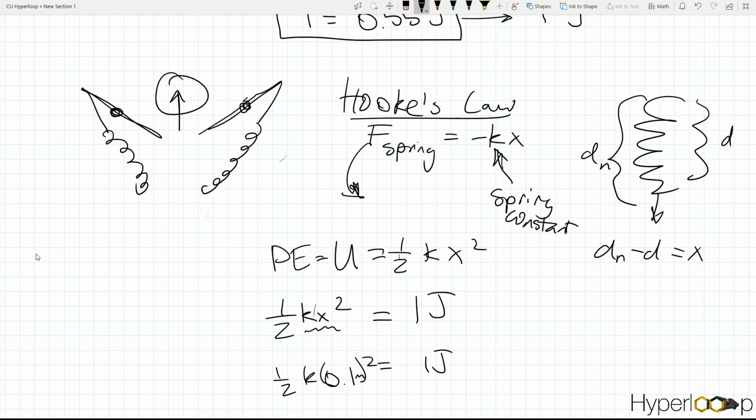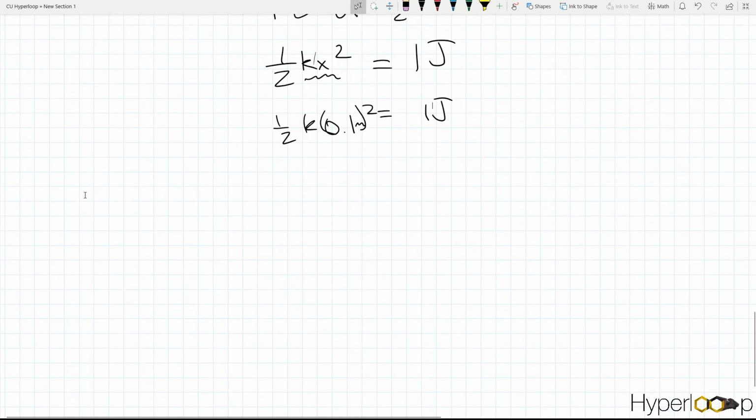So if we multiply that out, we get 1 joule multiplied by 2, and then we divide by 0.01 meters squared, and our k equals 200, and our units here are Newtons per meter, which tells you the amount of force applied depending on how far you stretch your spring. So a 200 Newton per meter spring, that's a pretty strong spring.